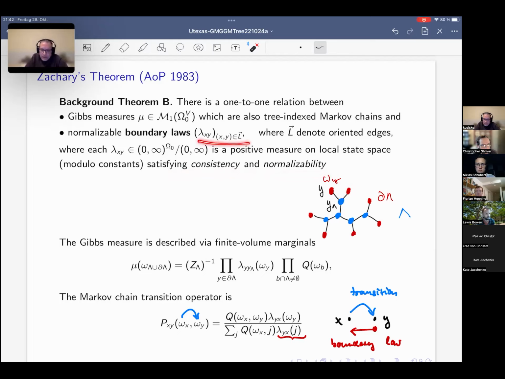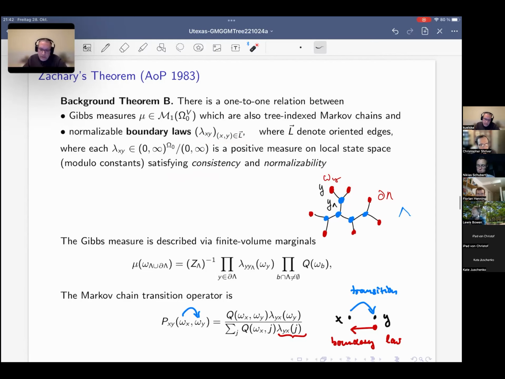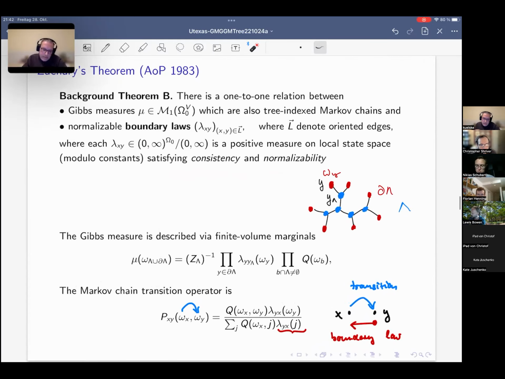And if you have such boundary laws, which are good for the model, and they are determined in terms of nonlinear equations, and they will be responsible for these discrete dynamical systems, then you can write down a Gibbs measure which is associated with these boundary laws, and it's given by a perturbation of the Q's. So Q are, so to speak, the free ones.